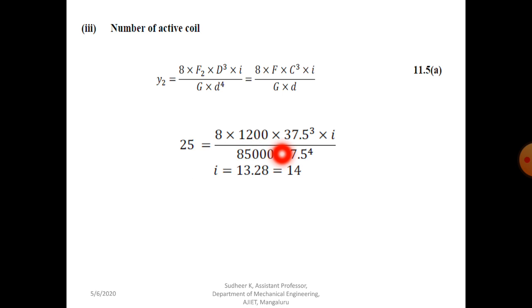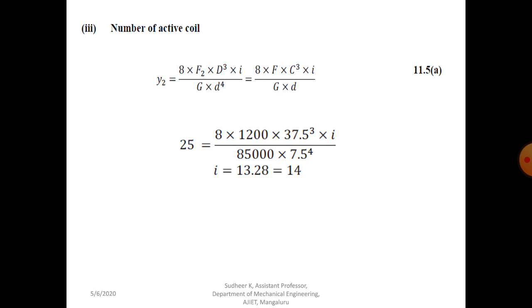D cube, that is capital letter D cube, D is 37.5 cube, into I, the value we need to find out, divided by G. G is the modulus of rigidity of the spring material, which is given as 85 into 10 to the power 3 Newton per millimeter square, into small letter d to the power 4, that is 7.5 to the power 4. So you'll get the I value, the number of active coils in the spring.